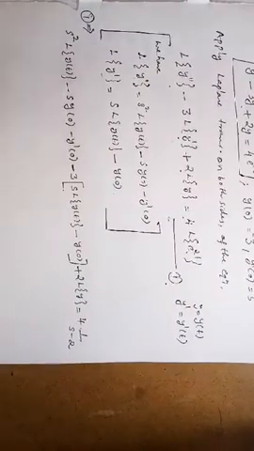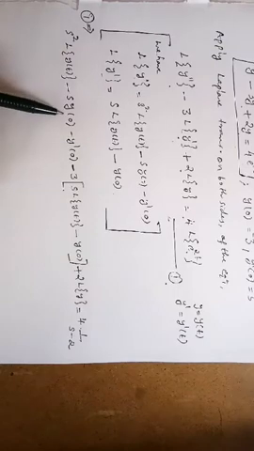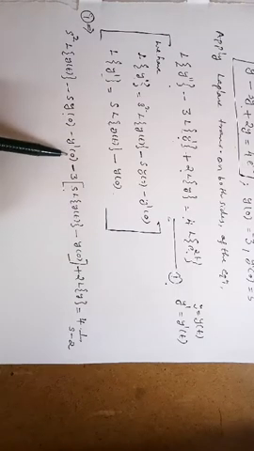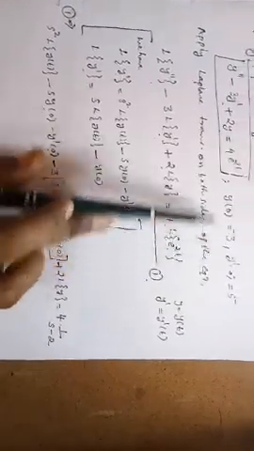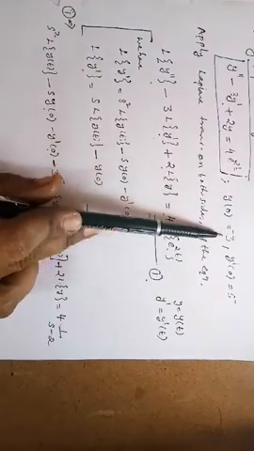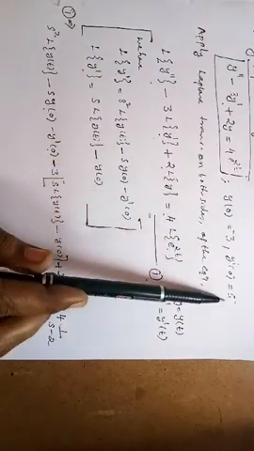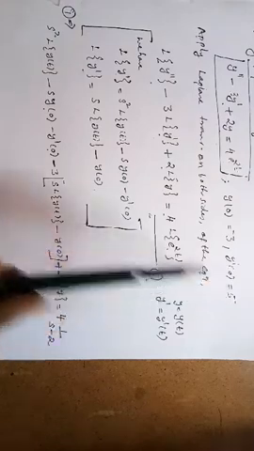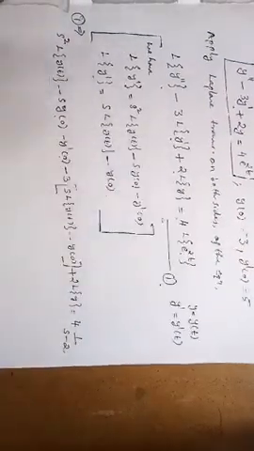Then next step, we have to replace this y of 0 and y dash of 0 from the given data. We are already given y of 0 equal to minus 3 and y dash of 0 is equal to 5. So we can easily replace these values here.